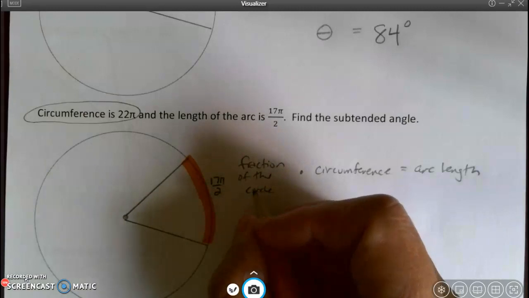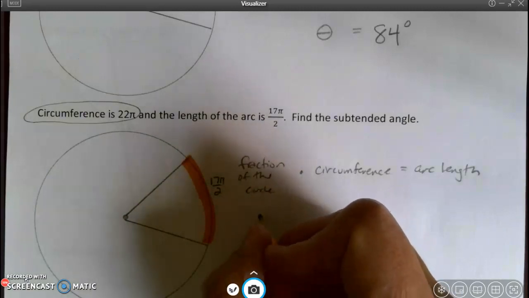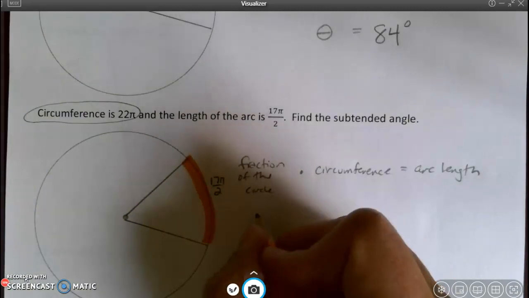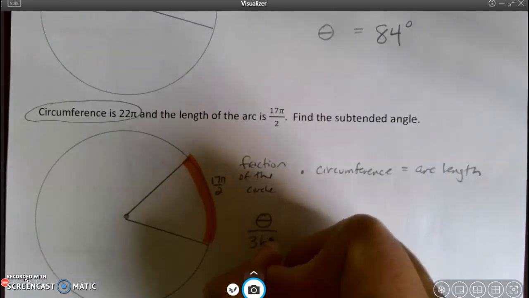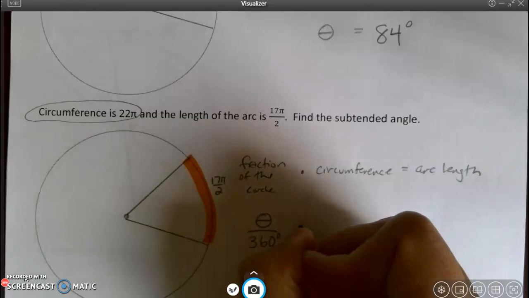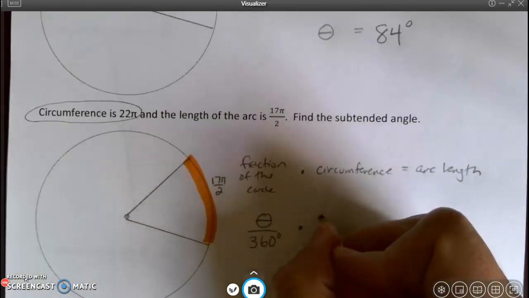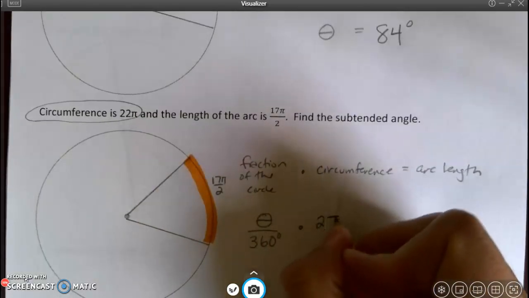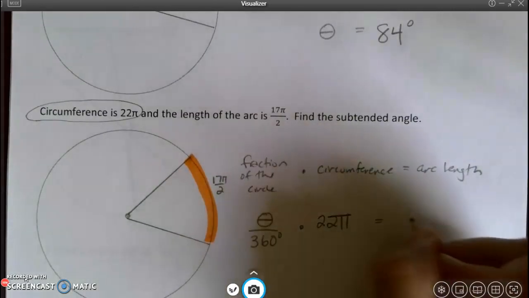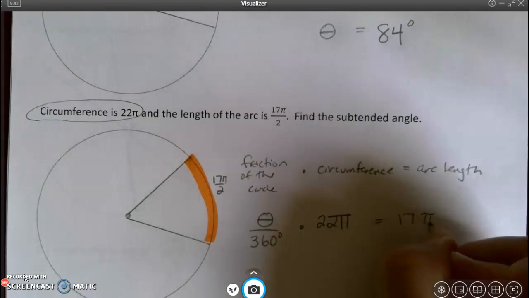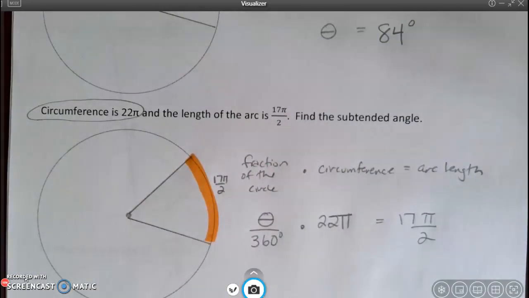Fraction of the circle, I don't know what my angle is, so that's my theta, divided by 360 degrees, times my circumference, which is 22 pi, equals 17 pi over 2.